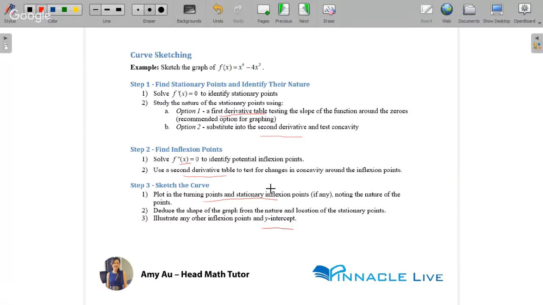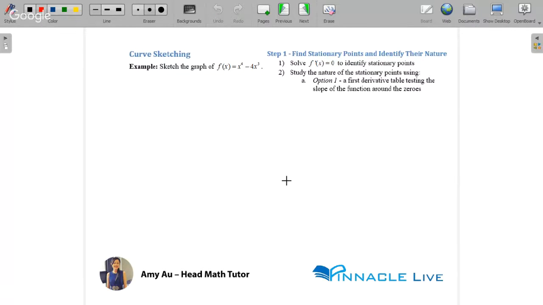All right, so after discussing the theory, I think it's best to see it in practice so you know what all this is talking about. Let's go straight into it. First step is to look at the first derivative and solve it to 0. So in this case, we've got f(x) is equal to x to the power 4 minus 4x cubed. First derivative: bring the power down, subtract the power by 1. Same with the next one.